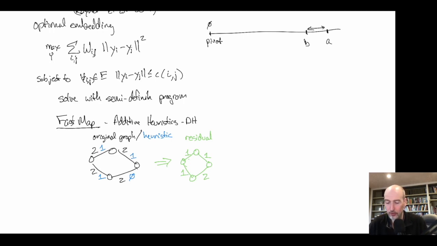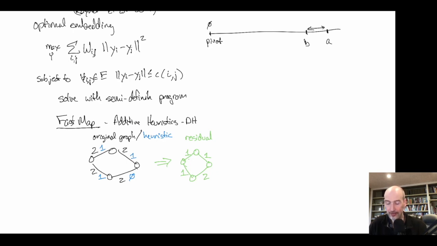If I do a differential heuristic where I take a pivot, I get the single source shortest path to every state, so I'm capturing this distance for every state, and that gives me my coordinate. Then I go into my graph and ask which edges have been captured by the heuristic and which haven't, and I build a residual graph and see what I can do on the remaining graph. So what happens there?